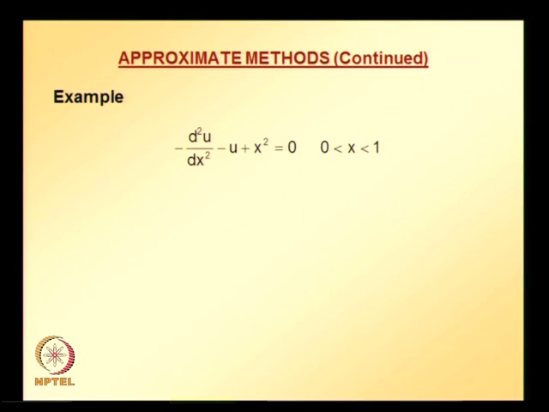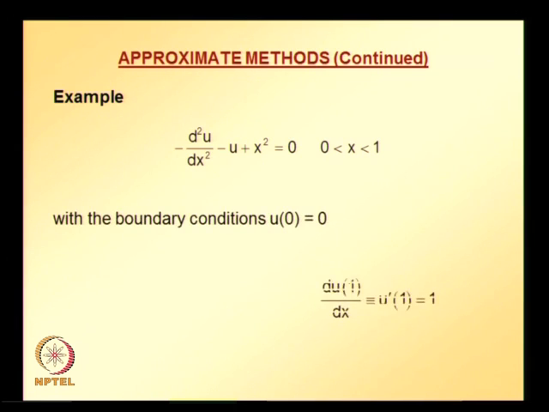So let us take this example. For a while forget about the previous example that we were looking at, the boundary value problem which involves the sine function. Now let us look at this boundary value problem, which is a second order boundary value problem, and we need to find an approximate solution of this over the domain x going from 0 to 1, and it needs to satisfy two boundary conditions. u evaluated at x equal to 0 is 0, and the first derivative of u evaluated at x equal to 1 is 1.